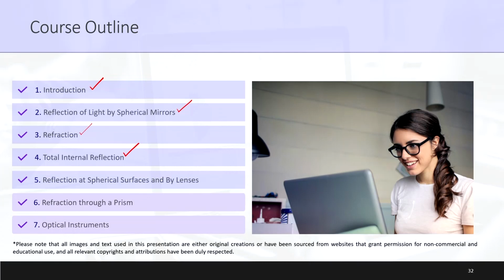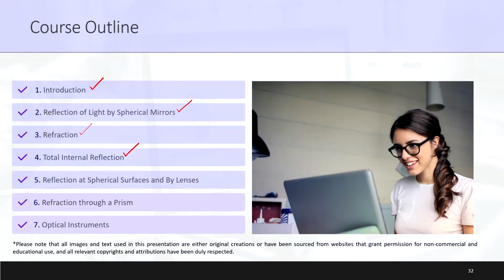After that, we understood the examples. There were two examples, one related to a prism and the second related to optical fibers. One proper example which you can find in your surroundings, a light pipe, which is also visible, was explained in this concept of total internal reflection.